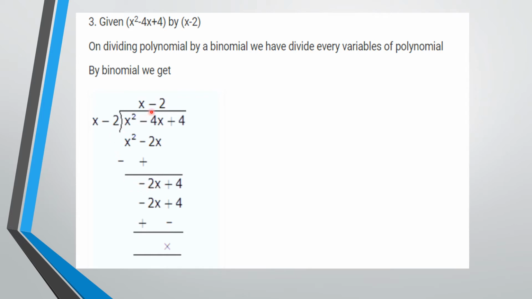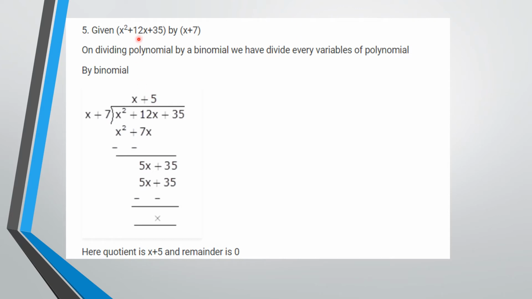I have to multiply with minus 2, so that minus 2 into x becomes minus 2x. So multiply this term with the divisor: minus 2 into x, minus 2x; minus into minus, plus; 2 into 2, 4. By change of sign, this minus 2x becomes plus, and plus 4 becomes minus. So we get the remainder as 0 and the quotient as x minus 2.